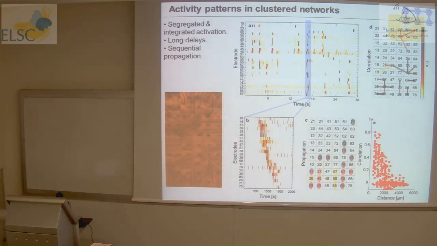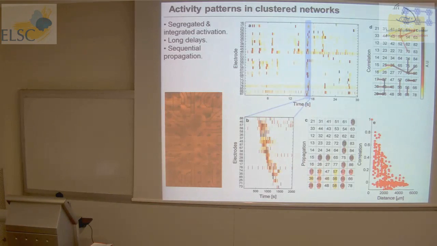So looking at the same network that I have shown you before, these are the activity patterns in this network, and you can see, again, the same features where you have bursts of different sizes, smaller and larger, and they start from different places in the network. This is very different from what you've seen in the uniform cultures, where, again, you only see this activation of the whole network together, and you don't see anything else.